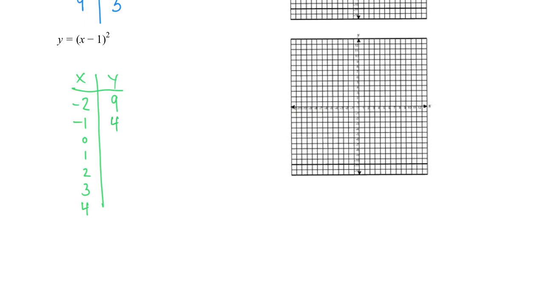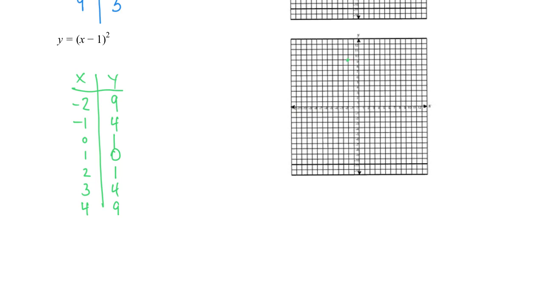So on and so forth. 0 minus 1 is -1. -1 squared is 1. 1 minus 1 is 0. 0 squared is 0. 2 minus 1 is 1. 1 squared is 1. And now look. Now there's our vertex. Our axis of symmetry is 1, which we expected. It was shifted right 1. And so now I can just fill in the rest of this, 4, 9, and then plot.